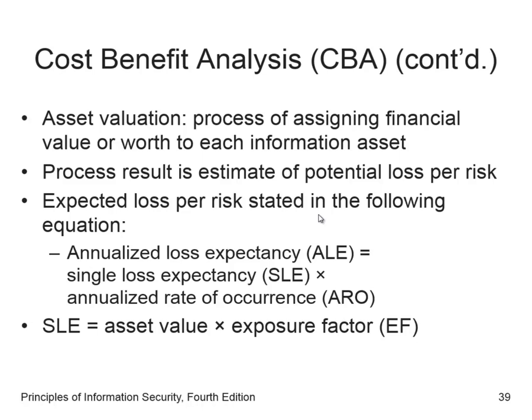This process results in the estimate of potential loss per risk. The questions that must be asked here include what damage could occur and what financial impact would it have. What would it cost to recover from the attack, in addition to the cost from the previous question? And then what is the single loss expectancy for each risk?